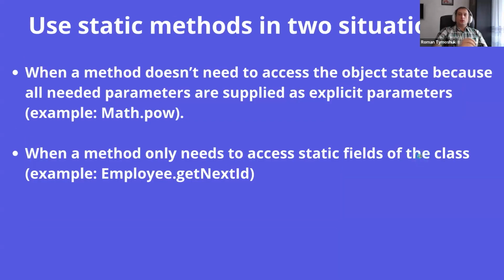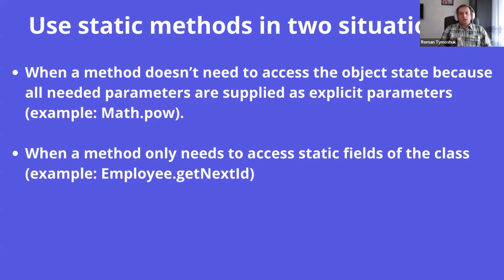So when should we use a static method? We use them when the method doesn't need to access the object state because all needed parameters are supplied as explicit parameters. Example, the powering operation: Math.pow gets the base number and the power number, and that's it.